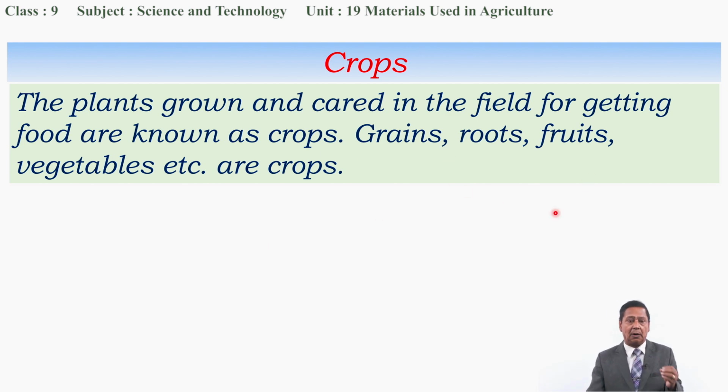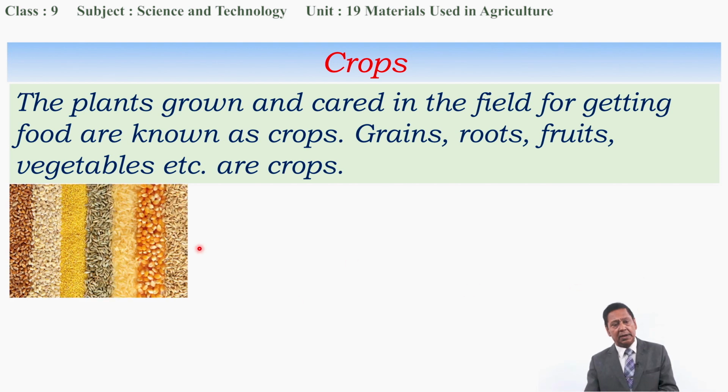Whatever we get from the field, grown by the plant, which we eat, are crops. Look at this example. Here we have maize, rice, wheat, pulses, etc. These are the products obtained from the field, and they are crops.